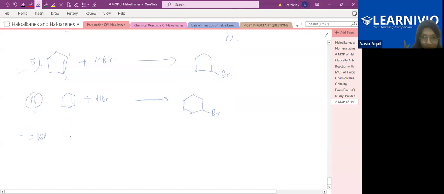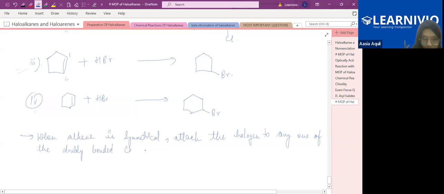When the alkene is symmetrical, then attach the halogen to any one of the doubly bonded carbon atoms.